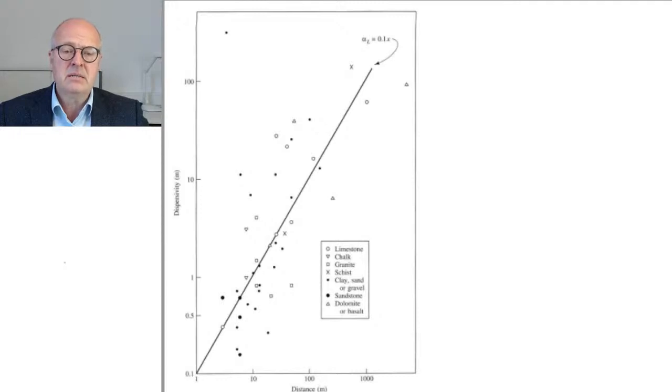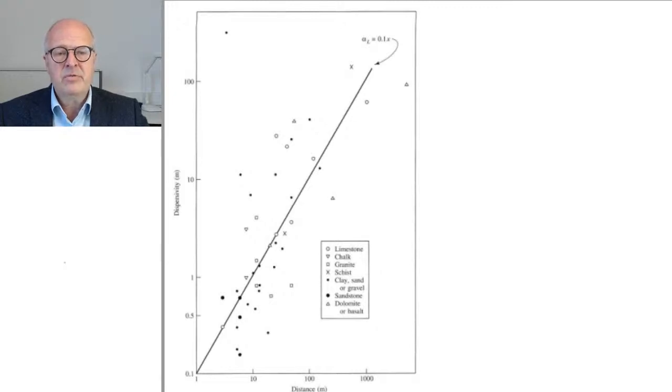Second, you see that dispersivity increases with scale. So I told you that nature always invents new trouble, always creates new variability, new opportunities for dispersion to occur. And the result of this is that we see that dispersivity actually increases with scale.